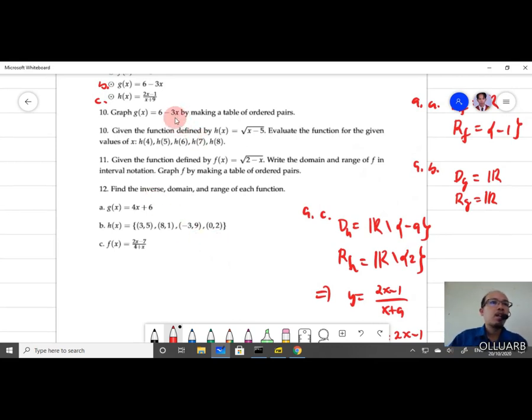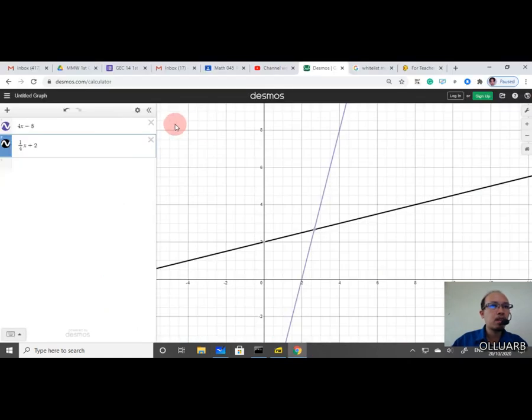Number 10, this is easy, just like before. Use this method: pick two values only, 0 and 0, and then graph it. The graph is something like this.